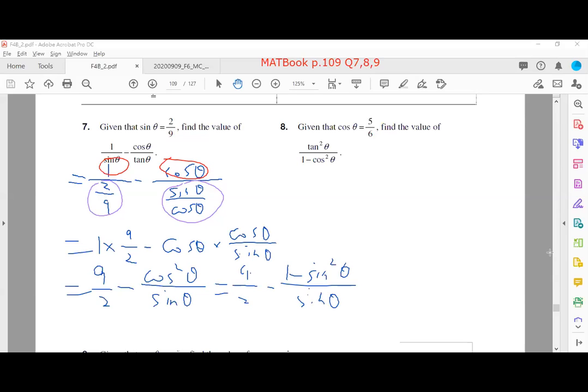And now everything is in terms of sine theta. And we know that sine theta is equal to 2/9. So it's just 9/2 minus (1 minus (2/9) square) over 2/9, okay? And then we just use the calculator, okay? I think it is, let me see. I think it's equal to 2/9. It's okay?